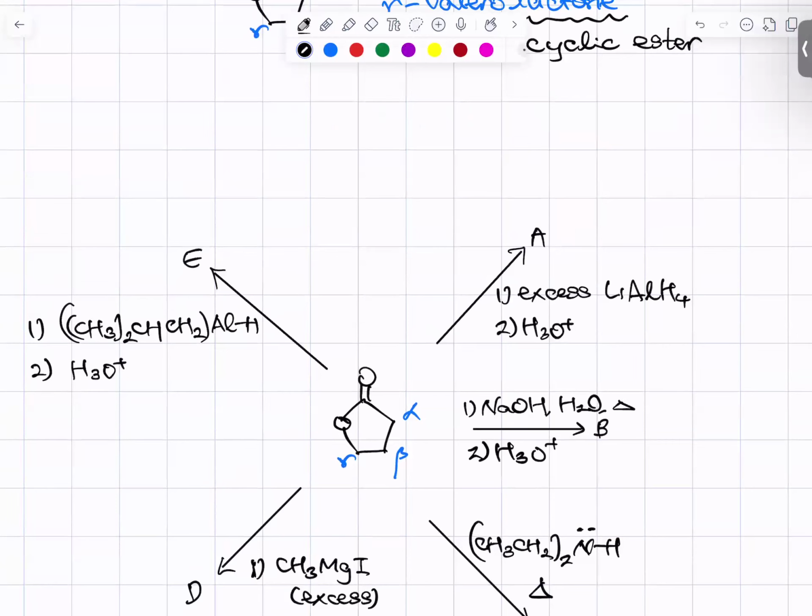Then it will be cleaving the bond right there. This one is okay, and it will be forming a primary alcohol. So here it will become OH, 1, 2, 3, and here it will become alcohol right there.